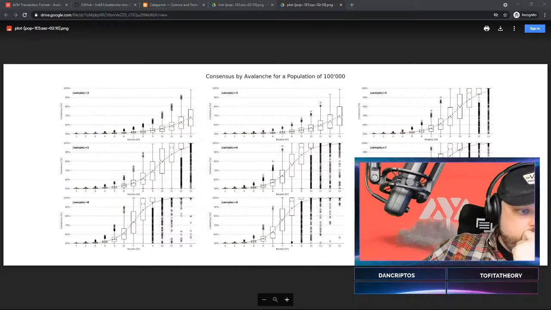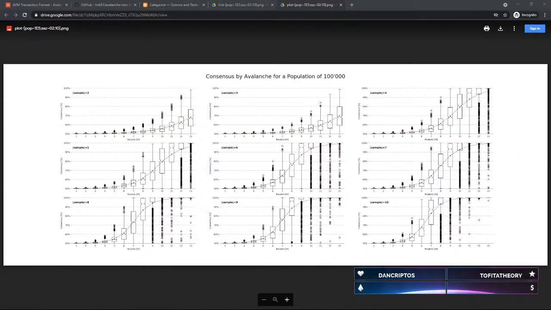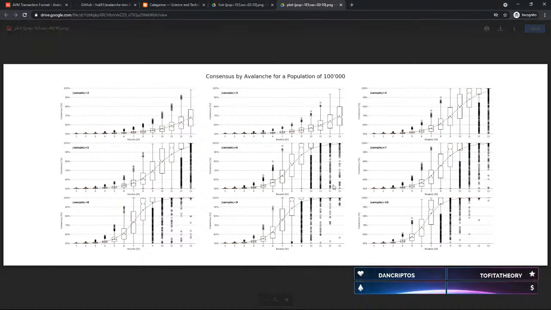I didn't know how many samples you guys were going to choose. In the current implementation, you subsample, I think, 20 pieces, and in these graphs I subsample 9 pairs. The vertical axis is the consensus layer.